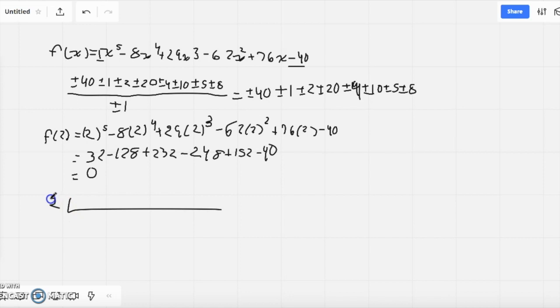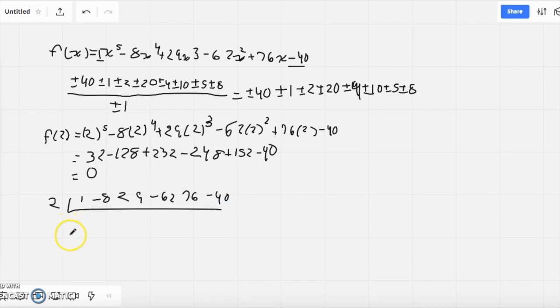We do this by setting up our synthetic division line, and we'd have our 2, and then we take the coefficients of each term from x to the fifth down to 40. So we take 1, then negative 8, 29, negative 62, 76, and finally negative 40.